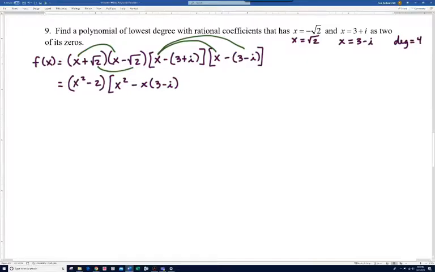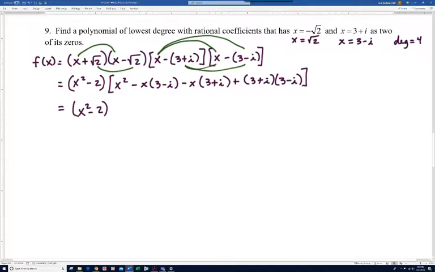And then we're going to multiply, again we have a minus x times 3 plus i here, so very similar. And then notice our last product, a negative times a negative, we're going to get a positive 3 plus i times 3 minus i. So we have a lot of cleanup to do here to simplify this.